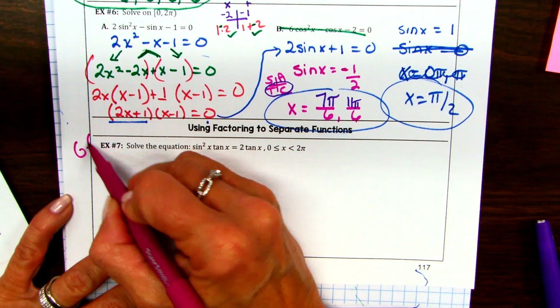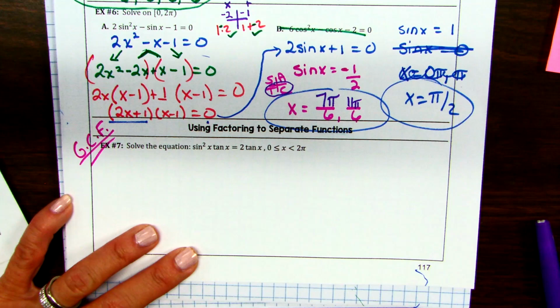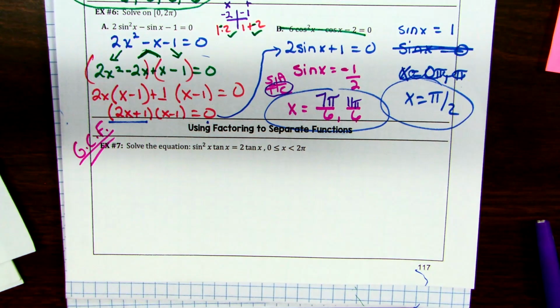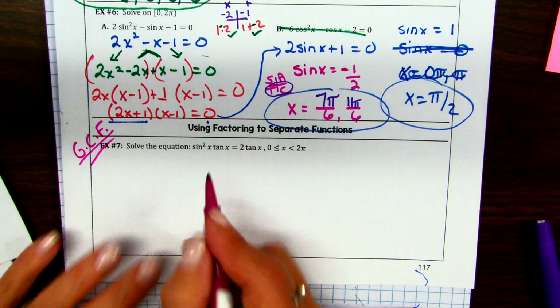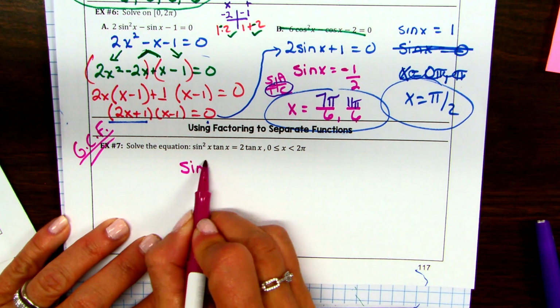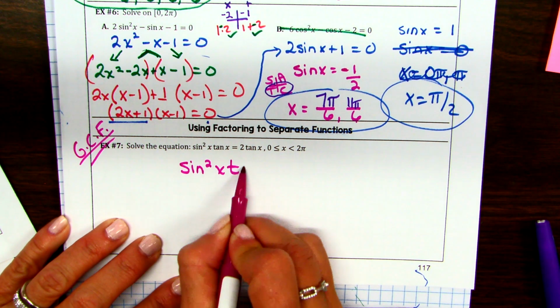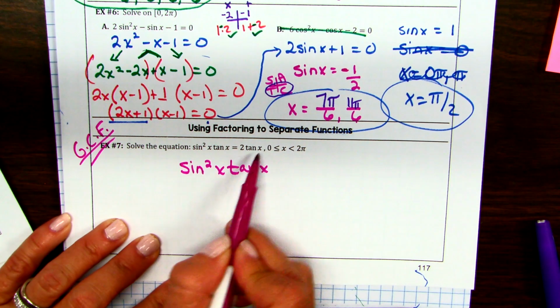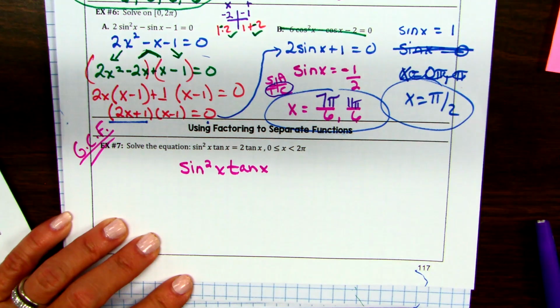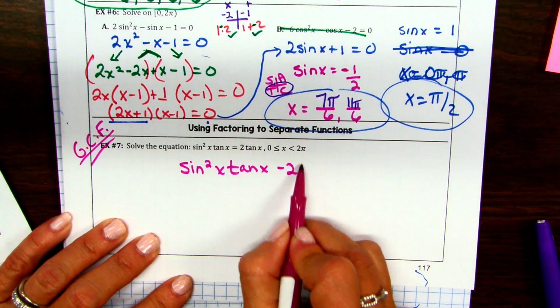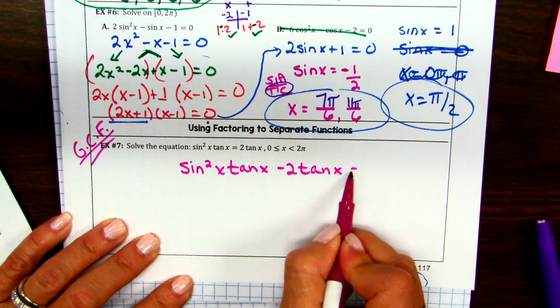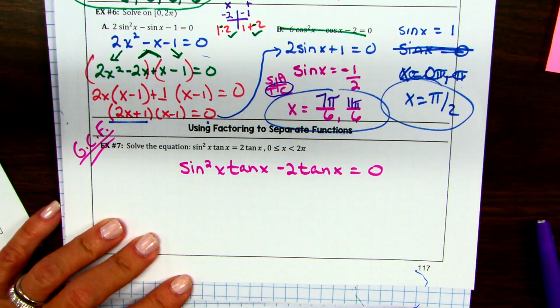So this is a GCF problem. What we want to do anytime we see this mixture is get them all on one side together, okay? So I have sine squared x, tan x. That's on the left side already. And I'm going to bring the 2 tan x to the other side by subtracting it. So anytime we factor, we want 0 on the other side. That's what I'm doing there.